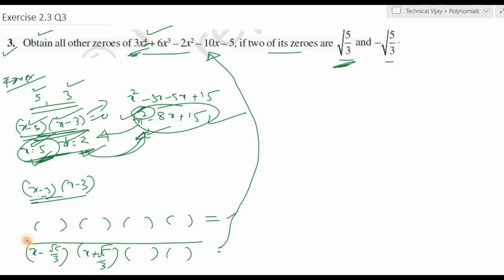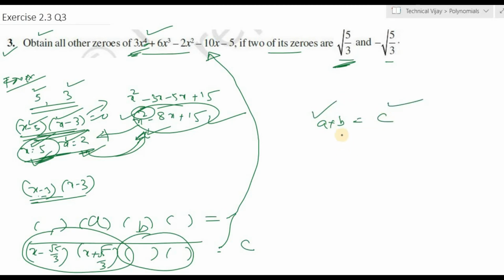So we have to multiply these two first, and find this one. For example, this is A, this is B and this is C. So A into B is equal to C, where A we know, C we know. So how to calculate B? B is equal to C divided by A. C means this polynomial. A means the product of these two, then B we have to calculate.